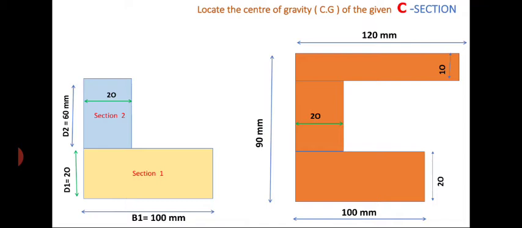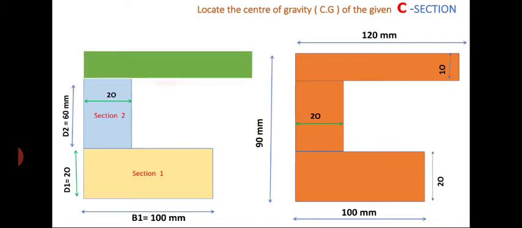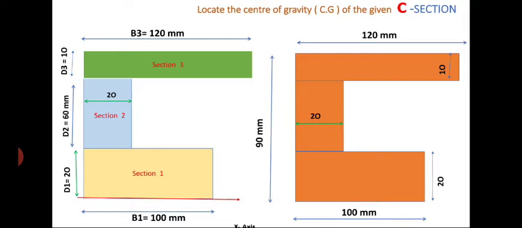The third rectangle is base B3 equal to 120 mm and depth D3 equal to 10 mm. Now I am considering the reference axes: the x-axis at the bottom edge and the y-axis at the left side edge, as shown in the figure.